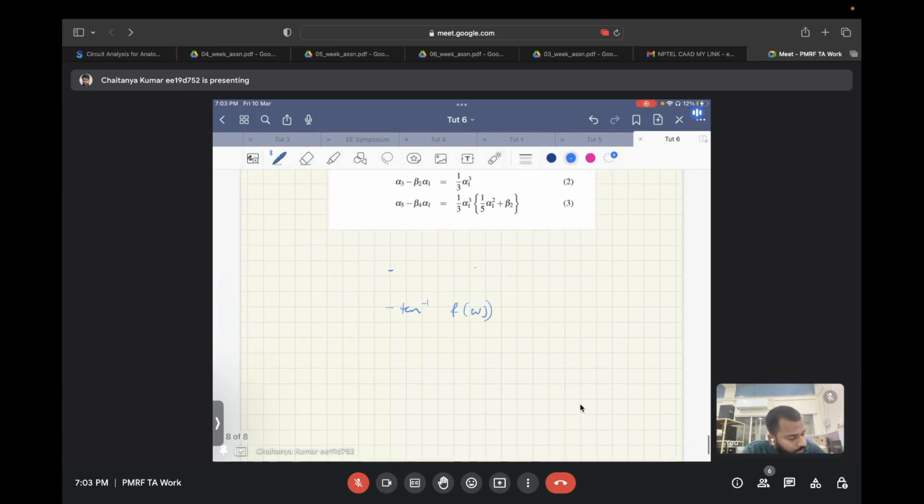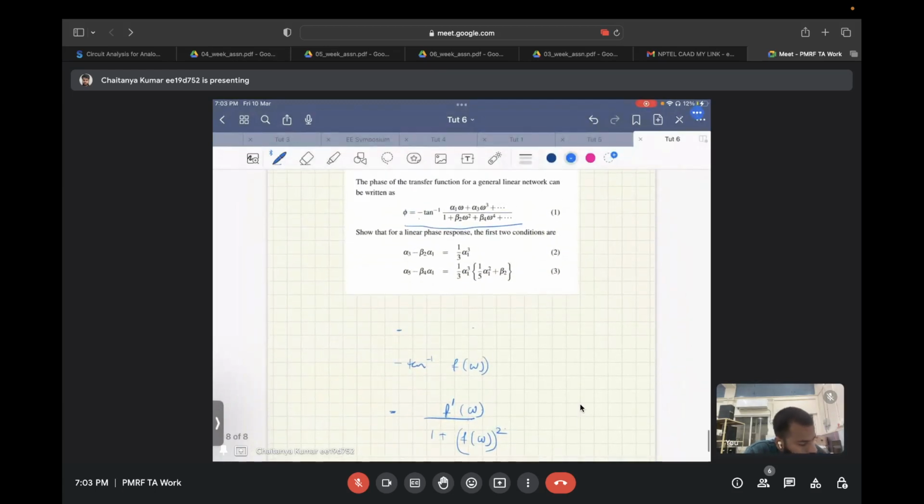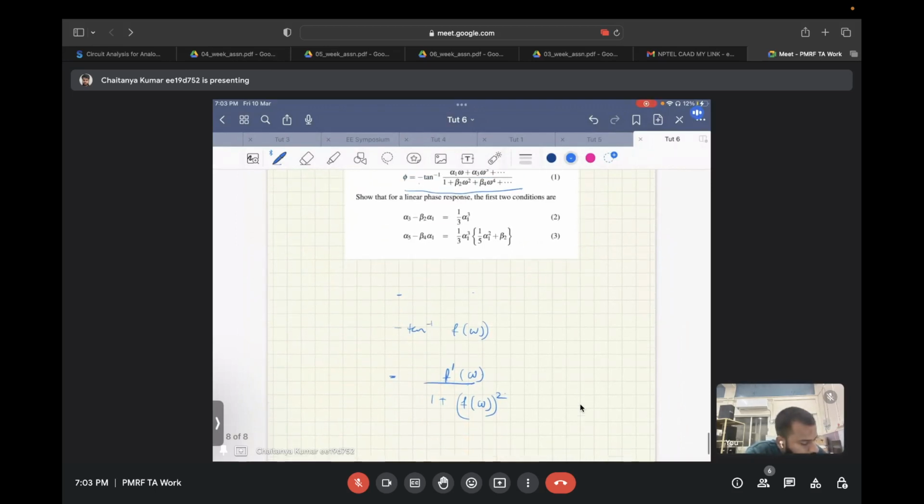So its derivative will be minus 1 upon 1 plus f of omega whole square into f dash omega, correct? I hope I have written it correctly. And 1 by 1 plus x square into the derivative.